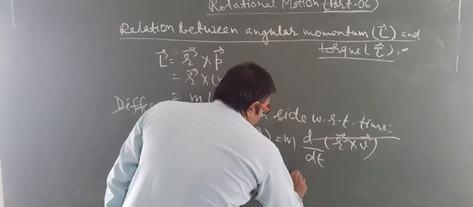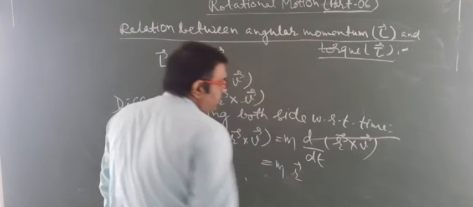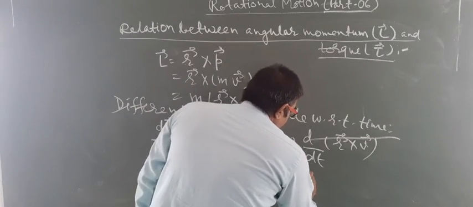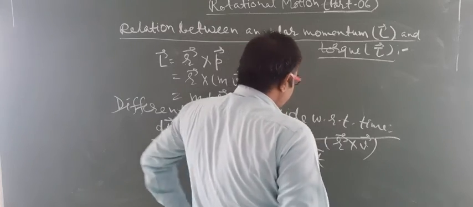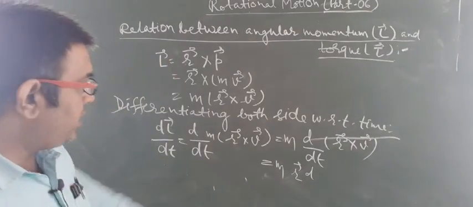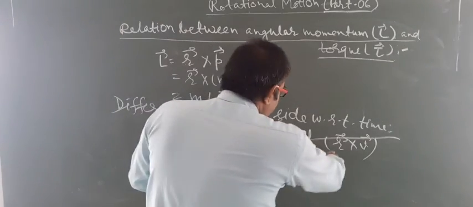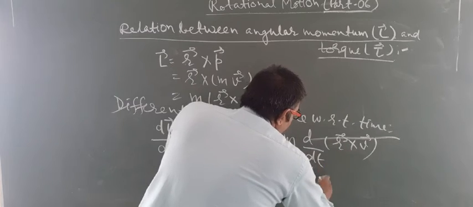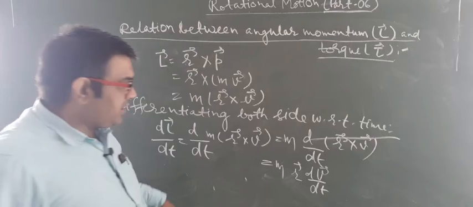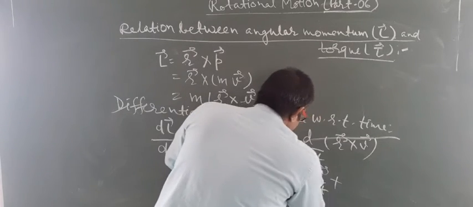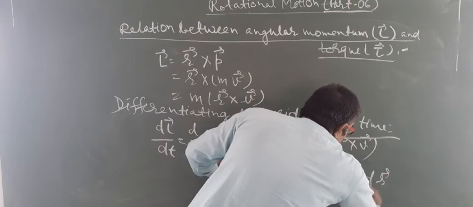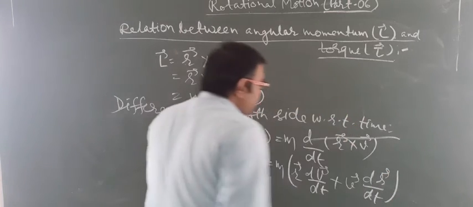first function into differentiation of second function, plus second function into differentiation of first function. So it will be given as first function r and dv upon dt, that is second function, plus second function v into dr upon dt, that is first function.